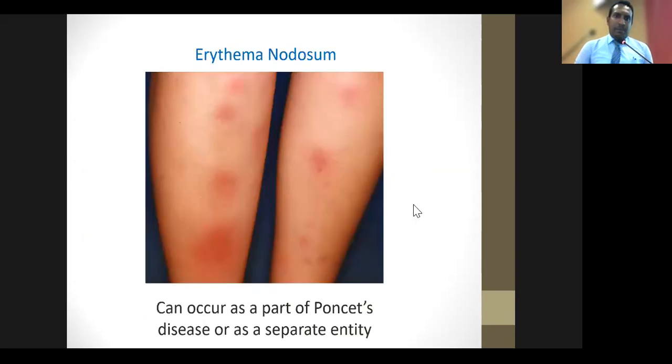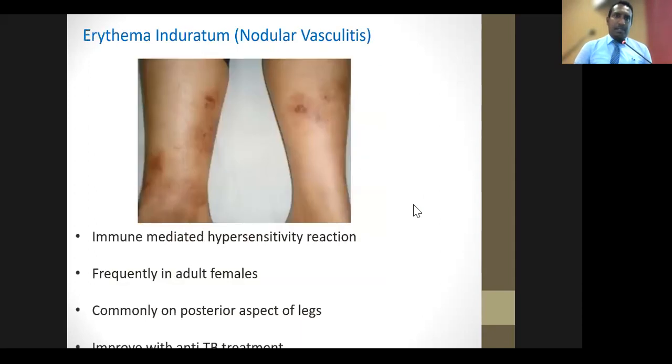So erythema nodosum, we all know that this can occur as a part of Poncet's disease or as a separate entity in TB. Erythema induratum is an immune-mediated hypersensitivity reaction to tuberculous bacilli, frequently seen in adult females and commonly on the posterior aspect of the legs.